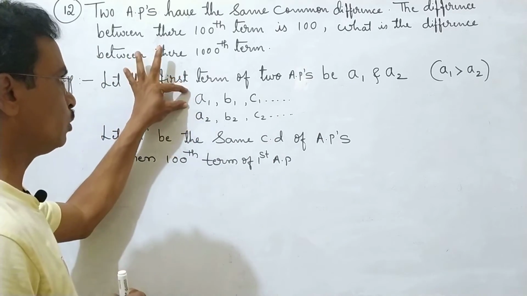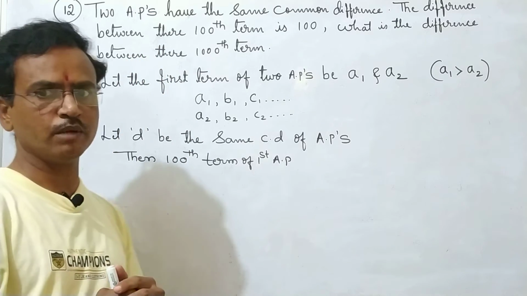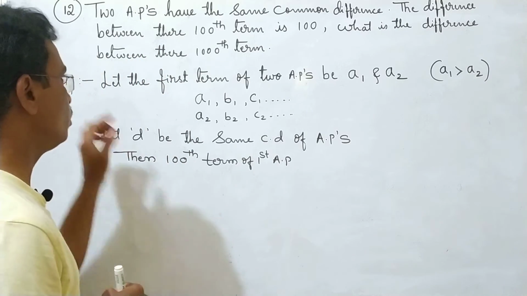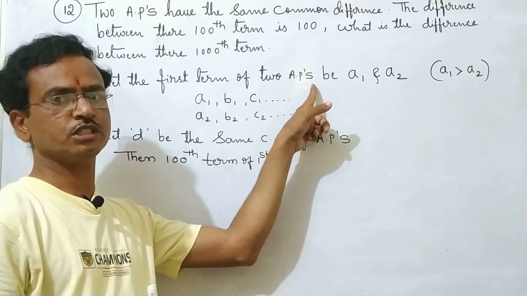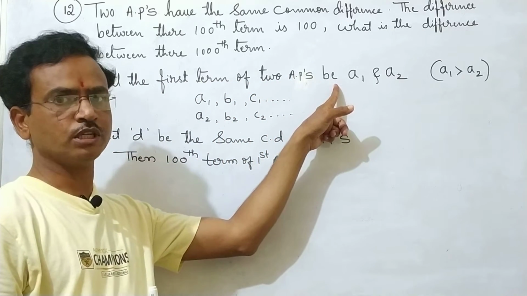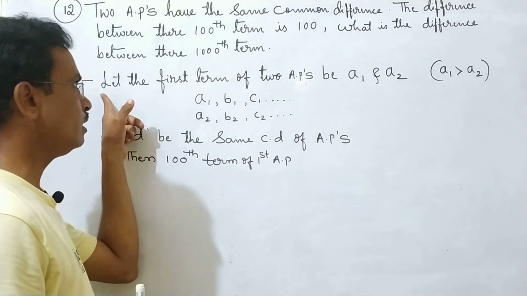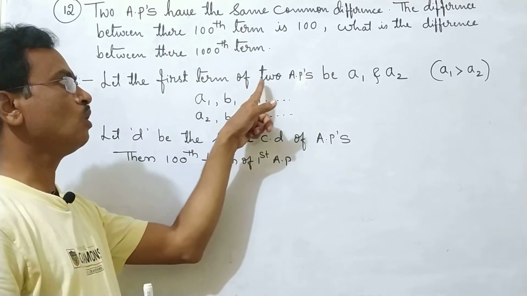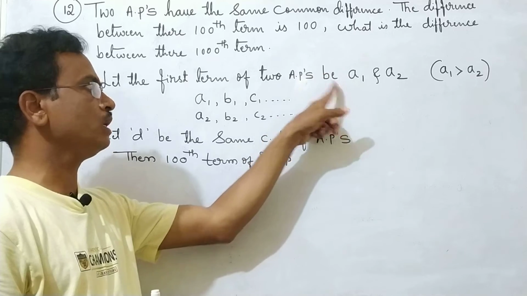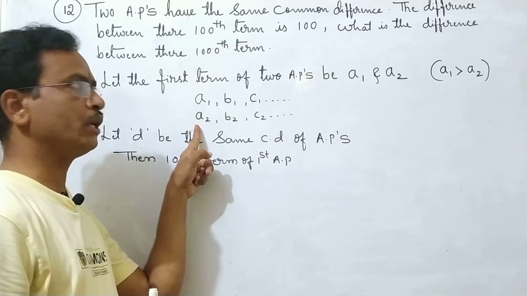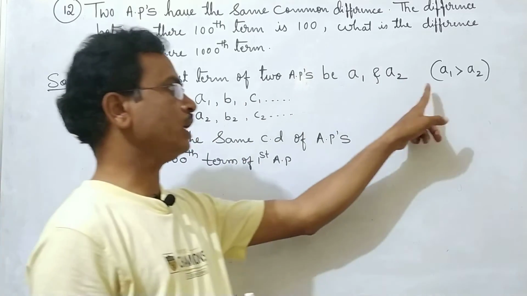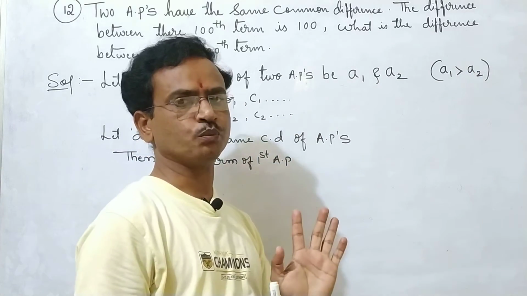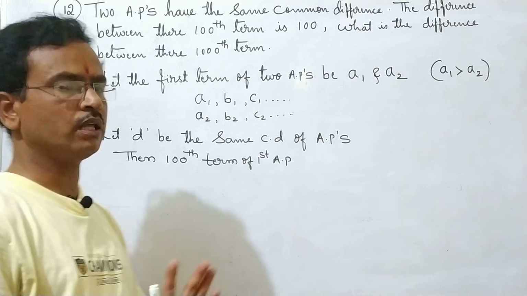Now let the first terms of the two arithmetic progressions be A1 and A2. Here you should take A1 is greater than A2.